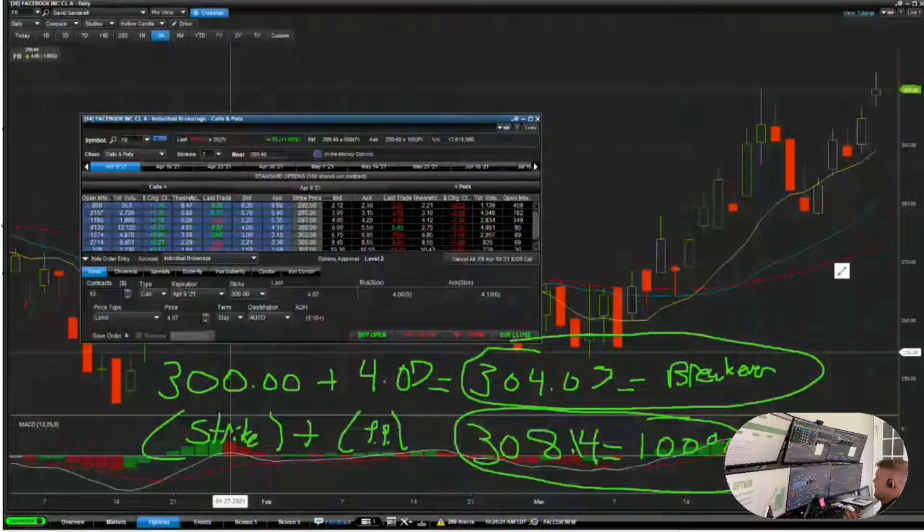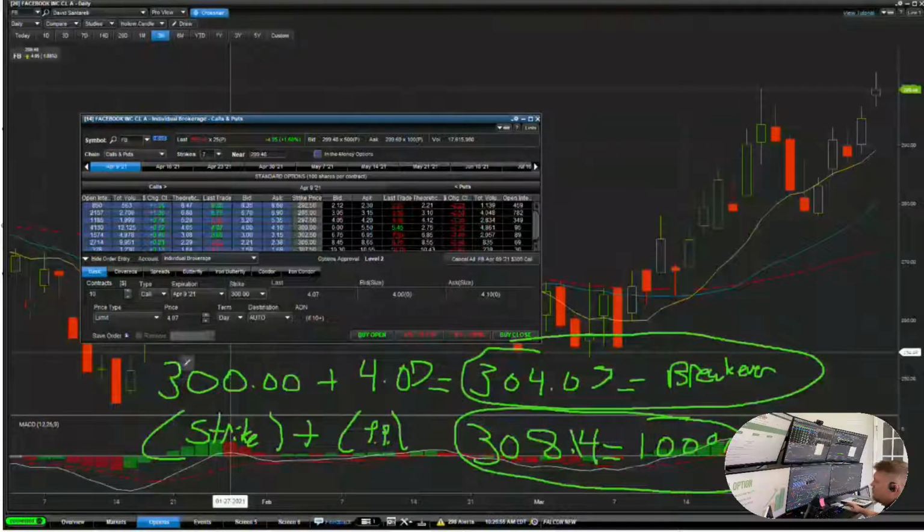Well, guess what? If it gets up to 305 on Monday, hits resistance, struggles there, and on Tuesday it's back at 300.